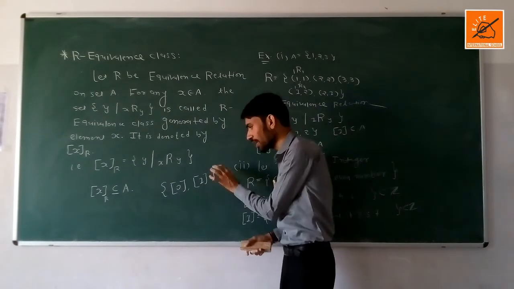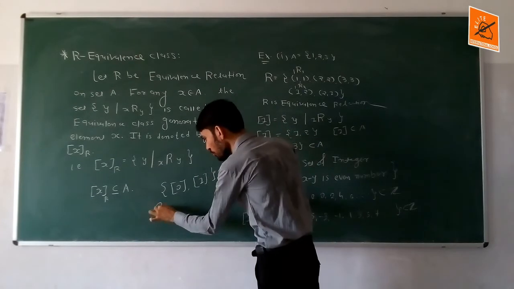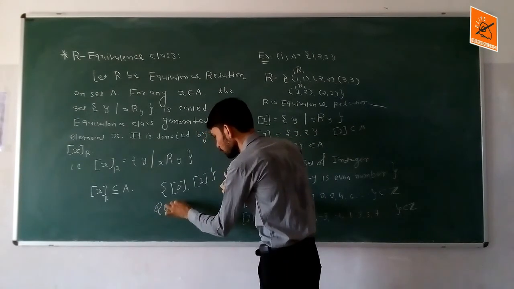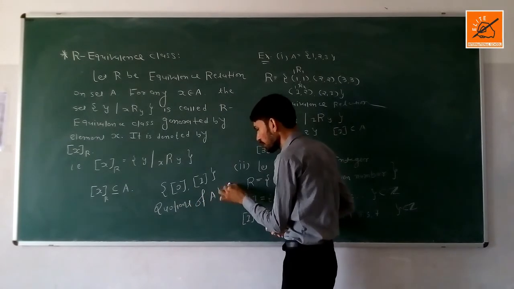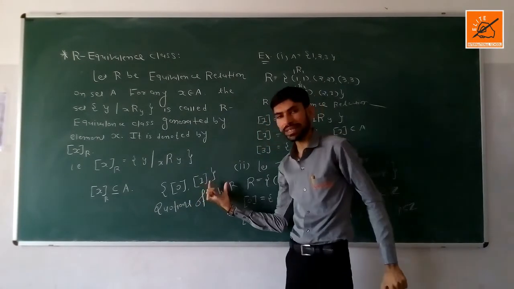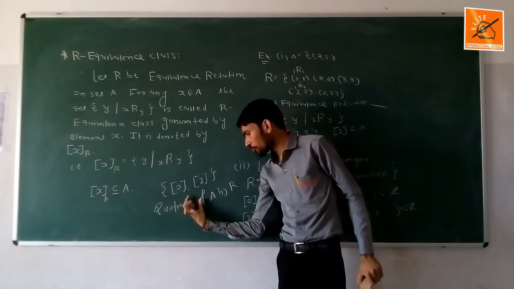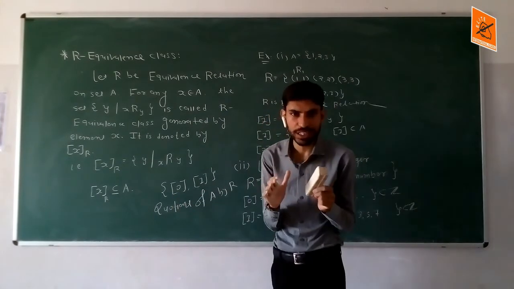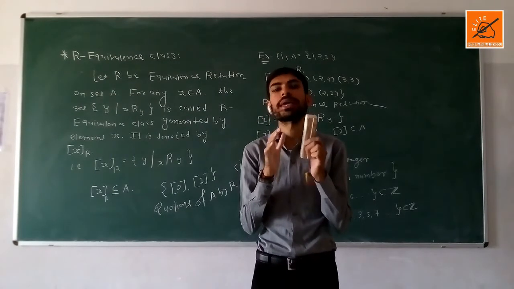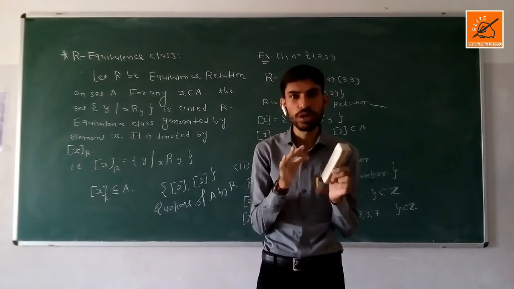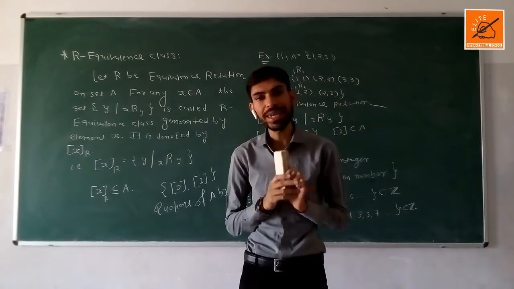This set is called the quotient of A by R. So in short, the collection of all equivalence classes is called the quotient of A by R.